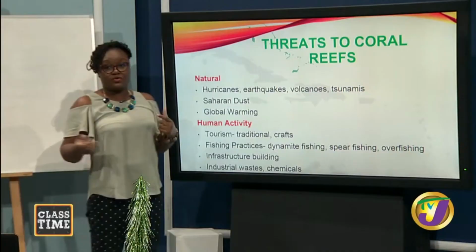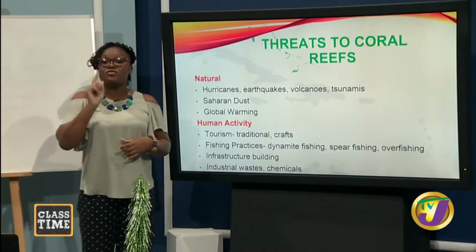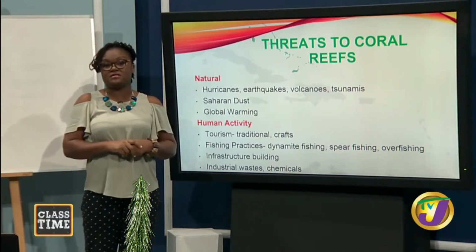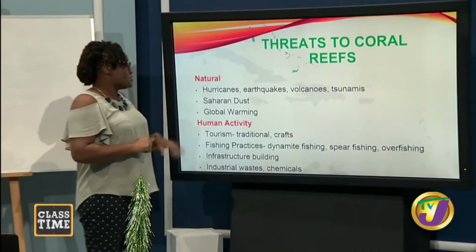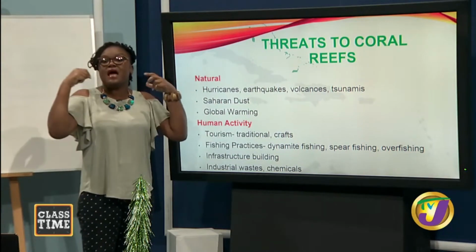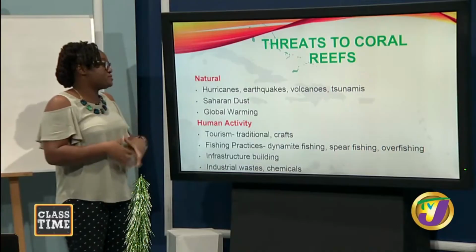Now, what are the threats to coral reefs that we have in the Caribbean? We have natural threats and we have those made by humans. And the ones by humans, as you rightly guessed, these are the ones that give the most problem, right? So the natural threats: hurricanes, when the storm surges and the excess rain beating on the reefs can damage the reefs.